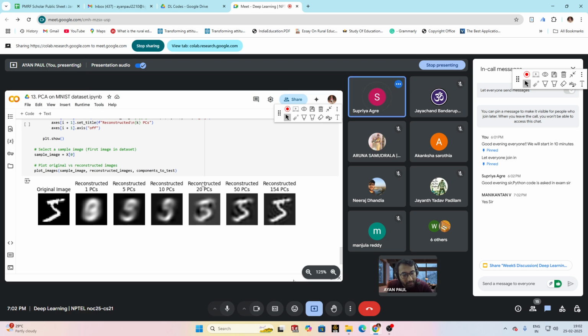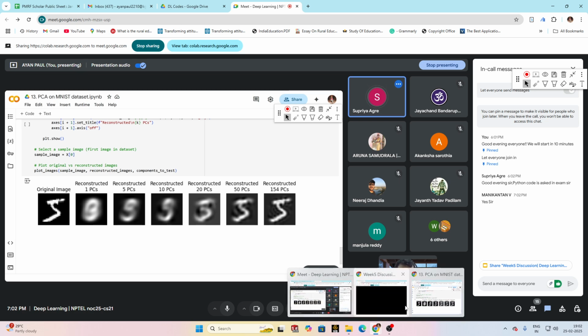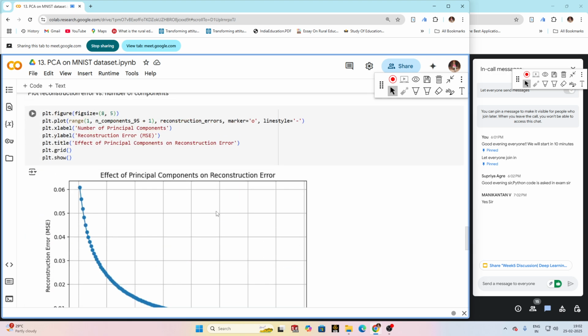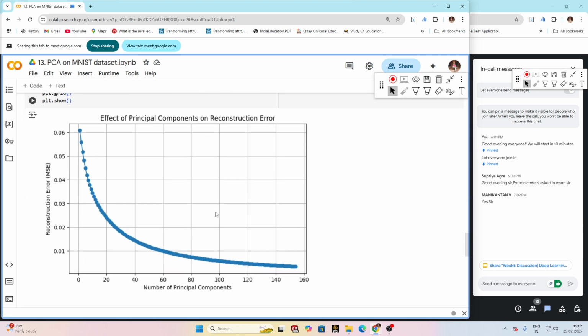Sir, the principal component line graph, whatever you have shown, varies from one program to another. For example, I have already solved this, but it's not showing exactly this line.